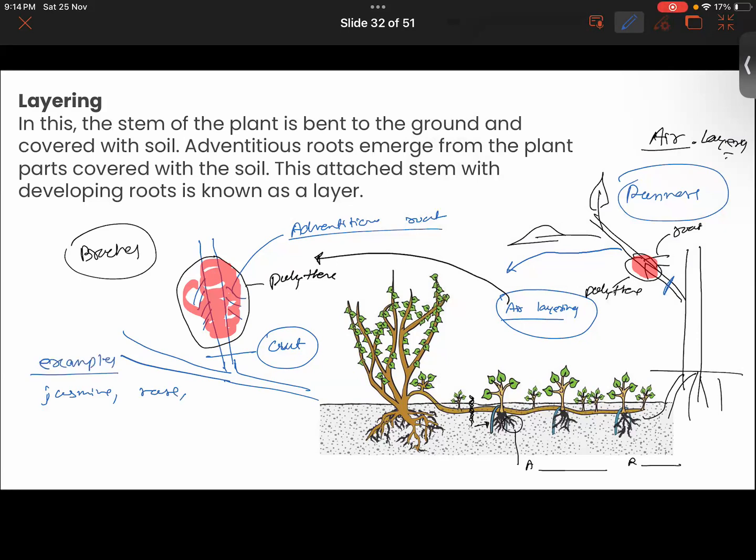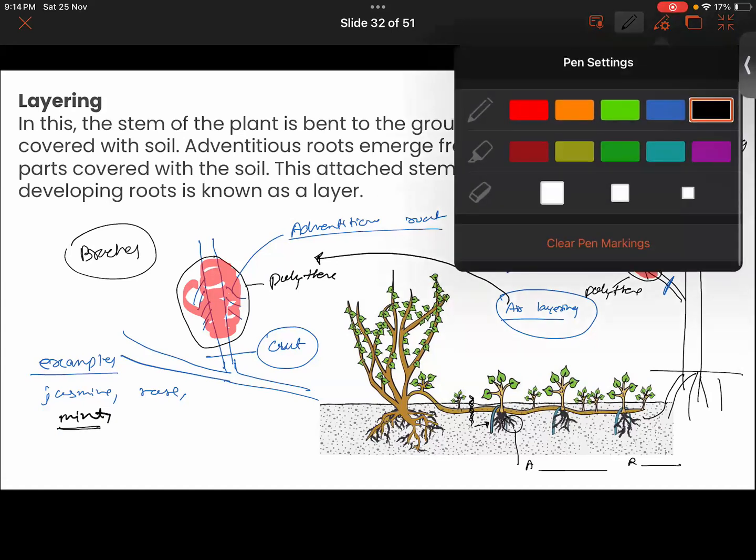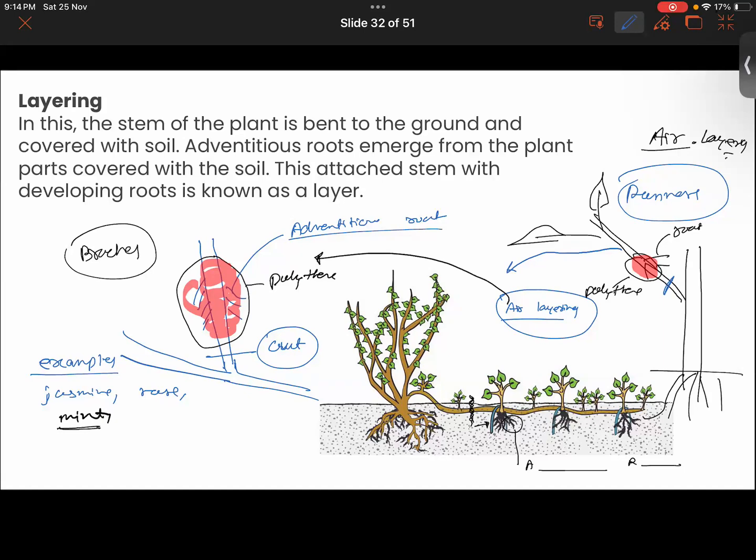What do we locally call mint? Give some more examples. Sir, I don't get it. Is mint not an example? Mint is an example. What is the local name of mint, by the way? Locally in different parts of India, plants have different names.